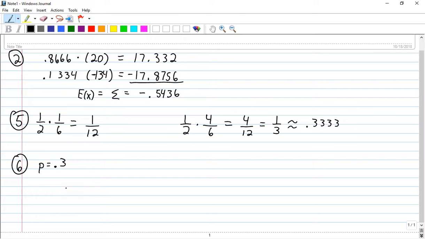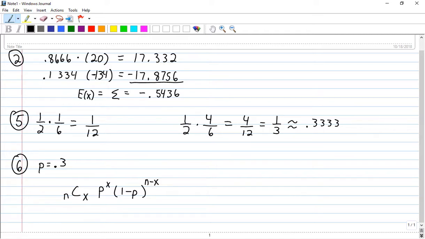And with the binomial probability distribution formula, we have this combination, nCx, where x is the number we want to survive, times p, the probability of success, to the x power, times 1 minus p, the probability of failure, or the opposite of success, and that has to be to the n minus x power.